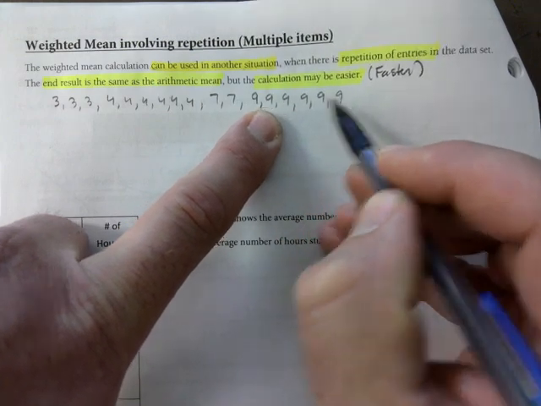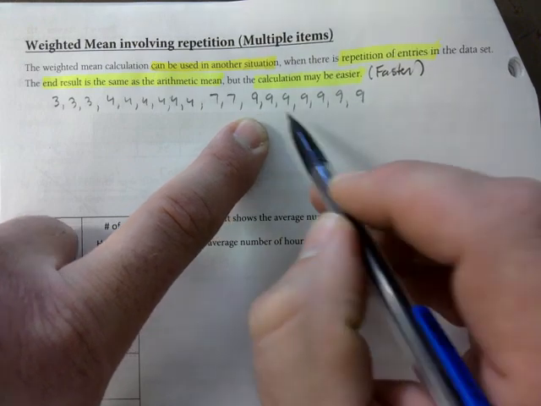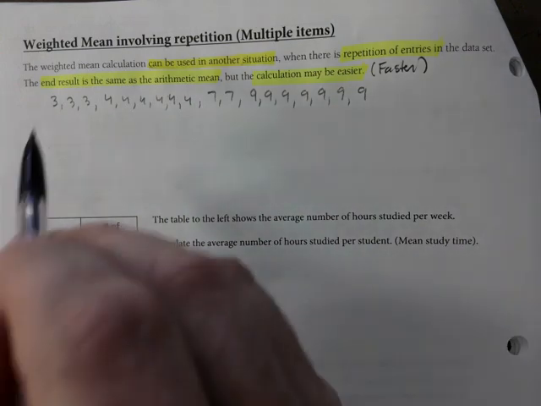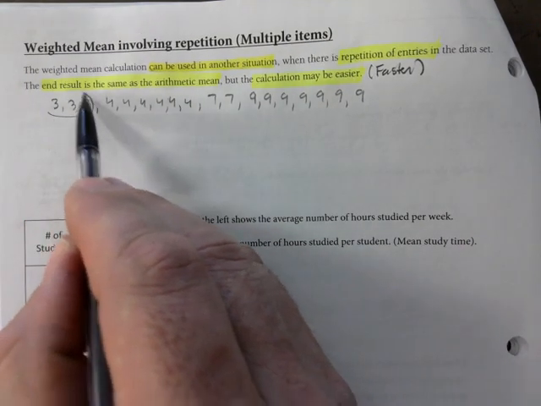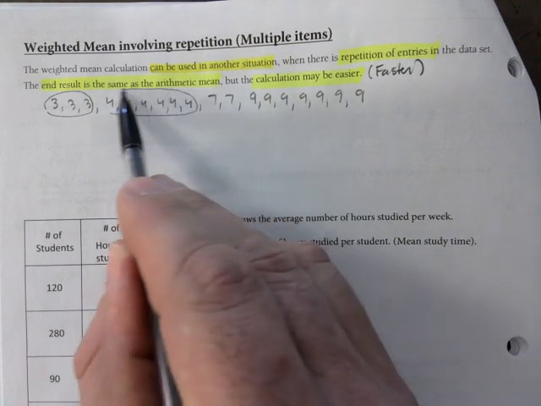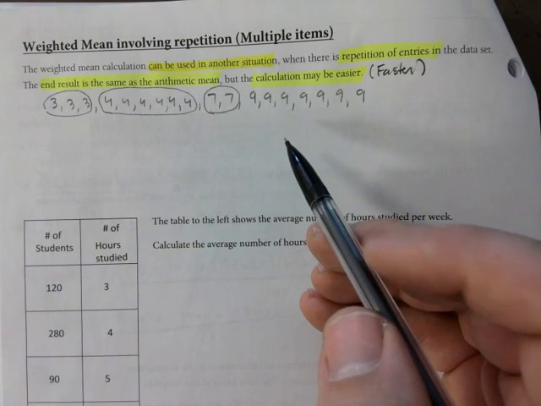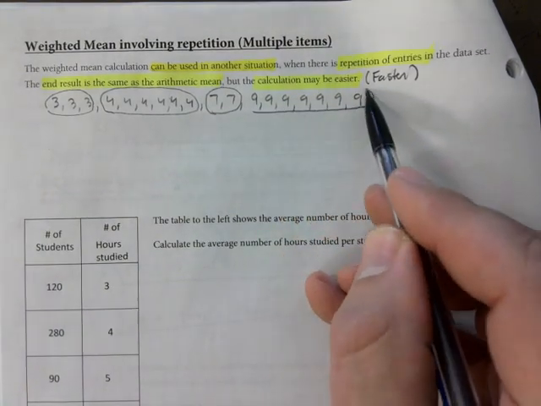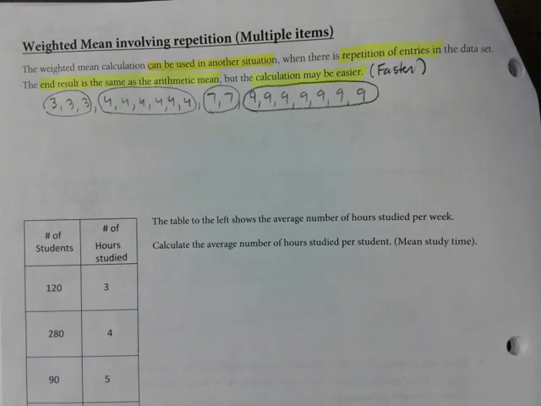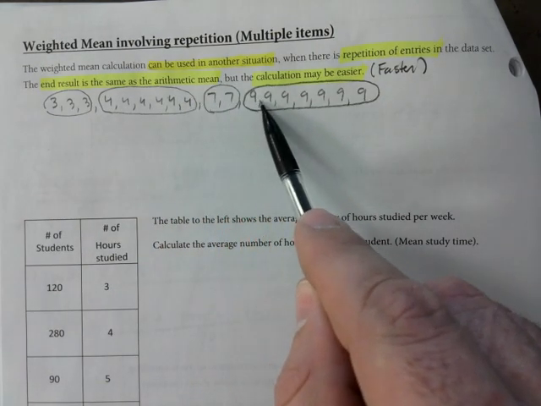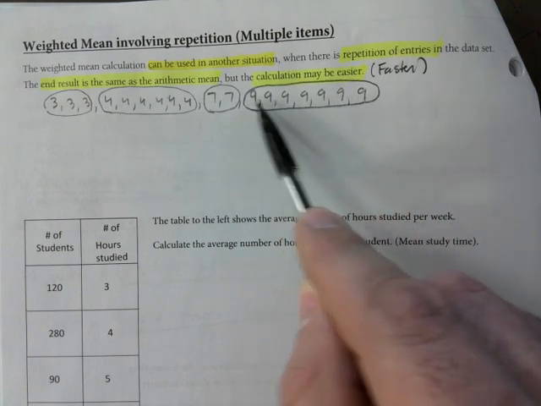Let me circle them, maybe you'll see it better. Page 128. There are 6 4s, 2 7s, and there are 7 9s.